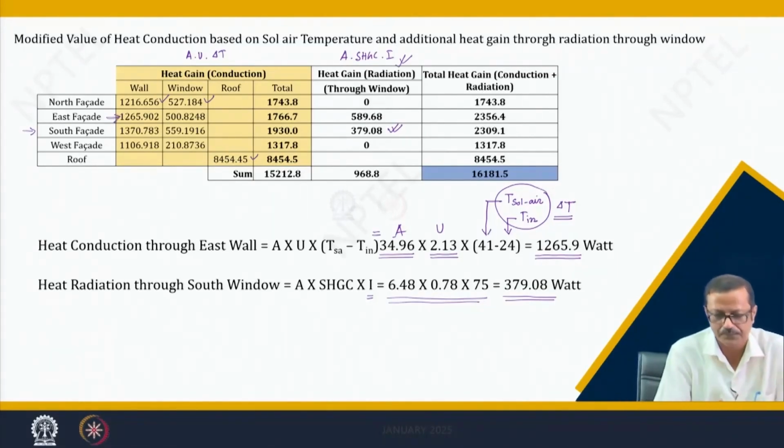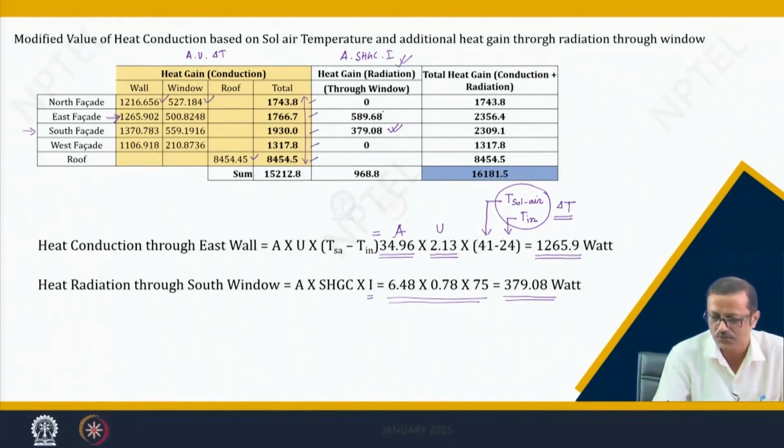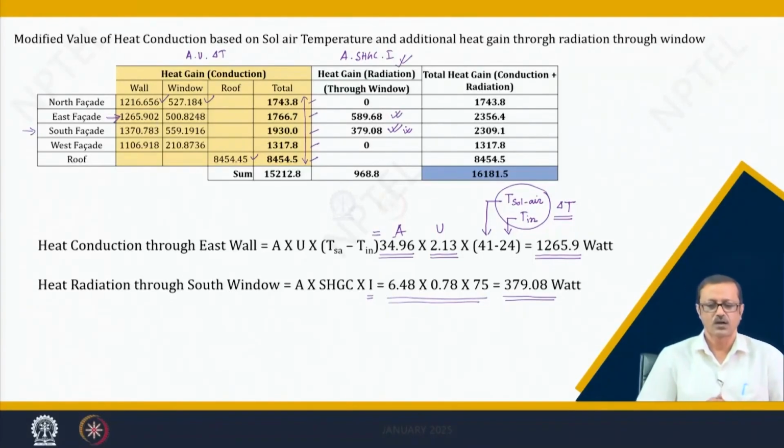And now, if you add up, you will get the total heat conduction through those 5 surfaces starting from the north, east, south, west and the roof, plus these 2 values will be your total heat gain for the radiation through the window, because only the east facade and the southern facade have solar radiation.